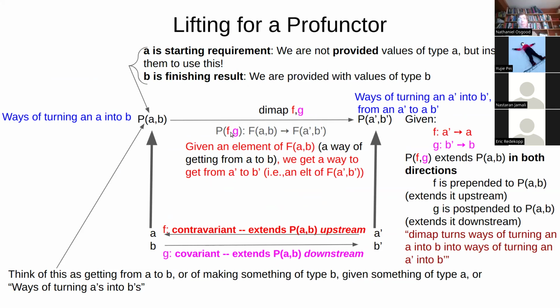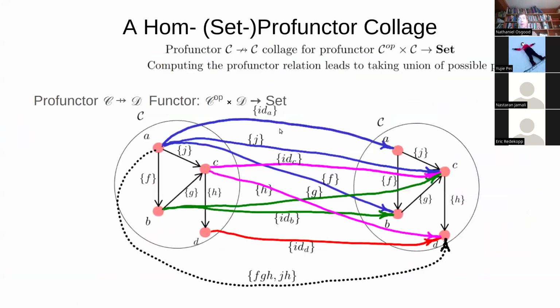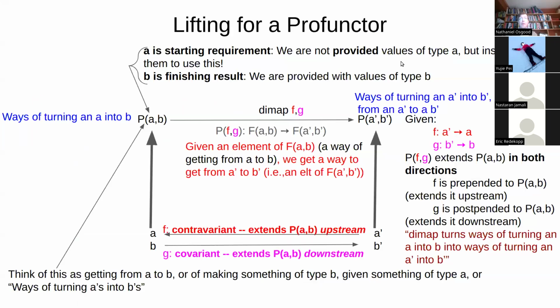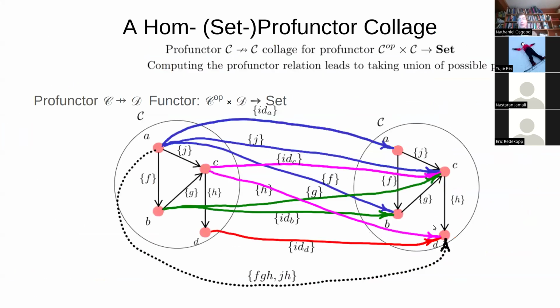Or lifting both of these, right? We can go from F of A comma B, that's the value of the profunctor, the set coming from the profunctor, to the set coming from the profunctor for our A prime, that's upstream of A, B prime, that's downstream of B, right? That's that idea of going from this set between B and C to something from a set of paths from A to D. Yeah. Okay.